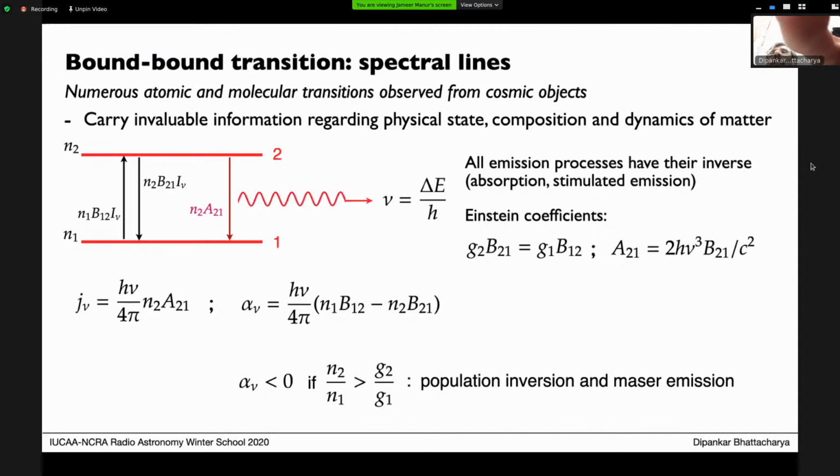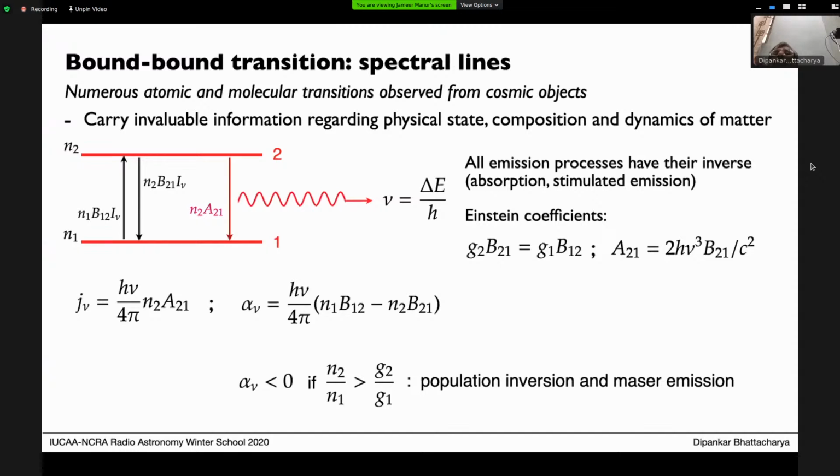However, the incident radiation can also induce transitions from state 2 to state 1. This is called stimulated emission. So that process has a rate equal to N2 times the incident intensity of the photon, and this coefficient B21, which is going from state 2 to state 1.